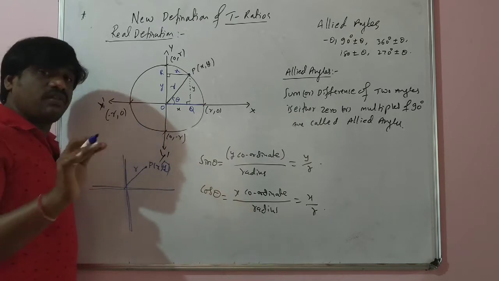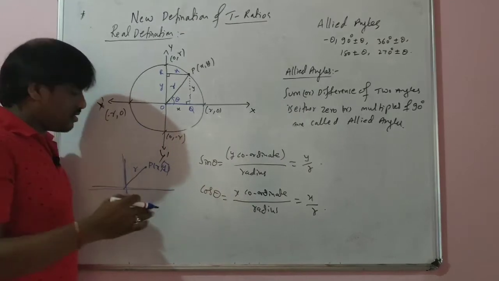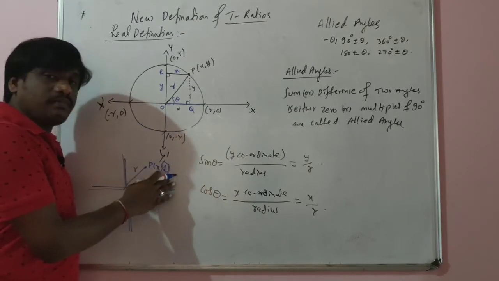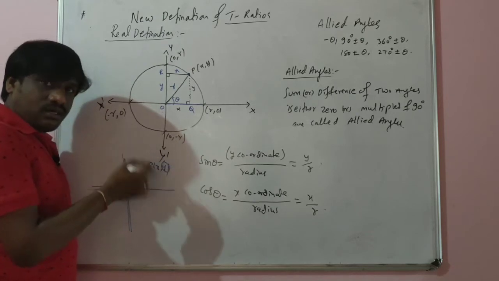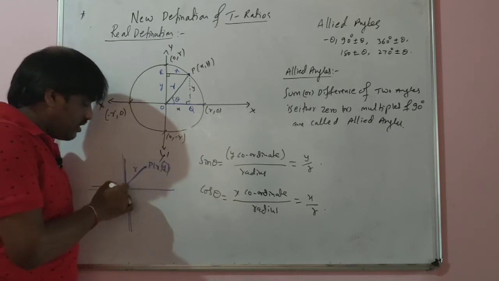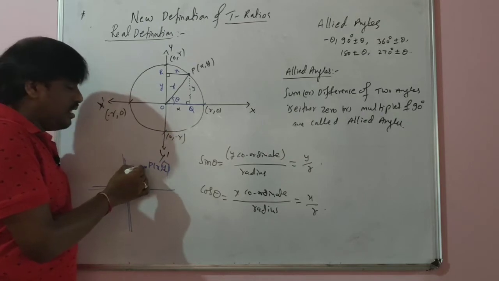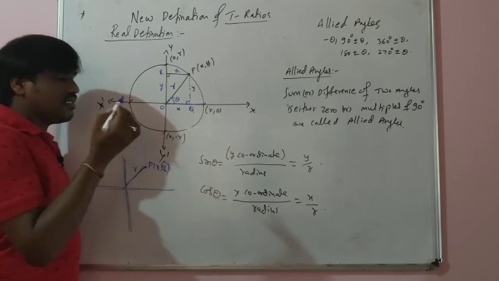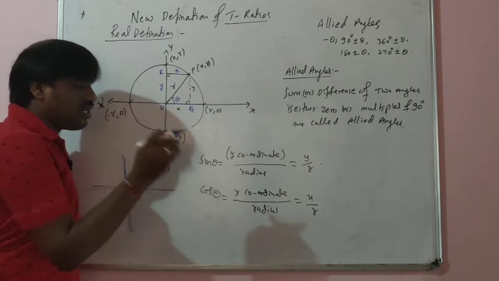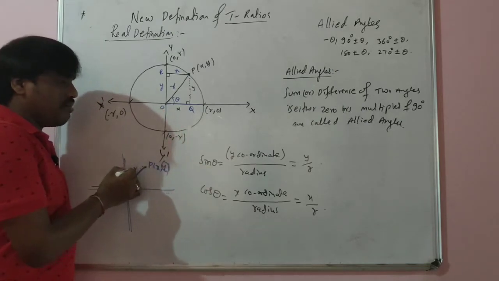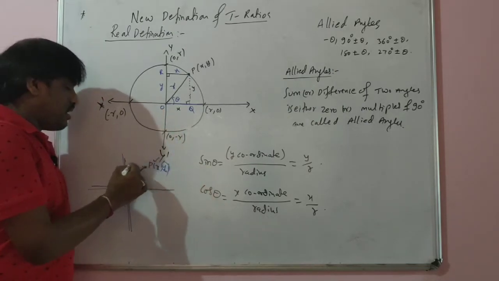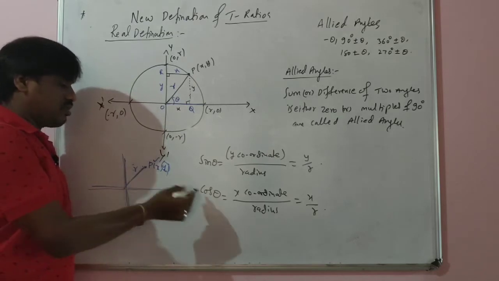These are useful things in future in many lectures. So if you know the point in the plane, in the quadrant, and you join it, then sine theta is the y coordinate by radius. What is cos theta here? The x coordinate by radius.